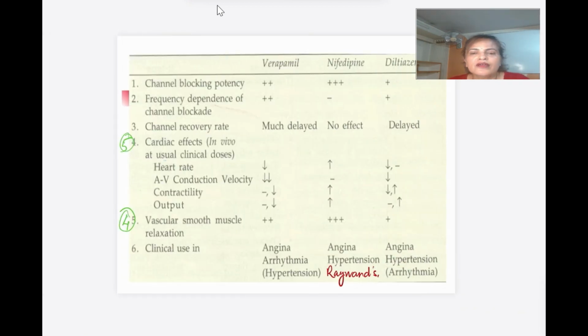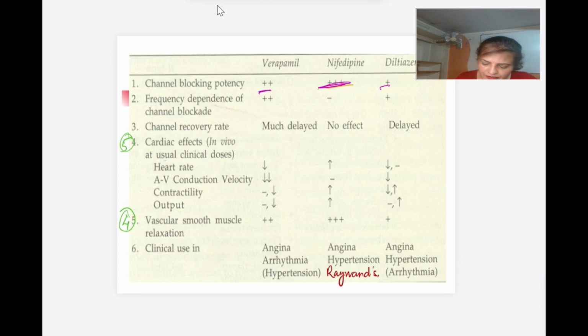You can see the differentiating points about all three: verapamil, nifedipine and diltiazem. In the first slide I have told potency: the maximum potency is with nifedipine as compared to the other ones. Then channel blocking depends upon the frequency, how frequently the channel is opening, activated or inactivated.